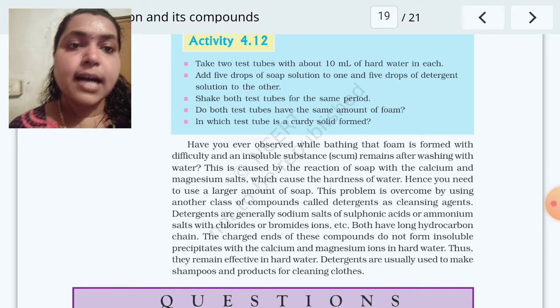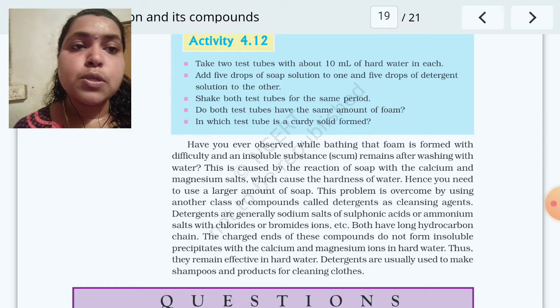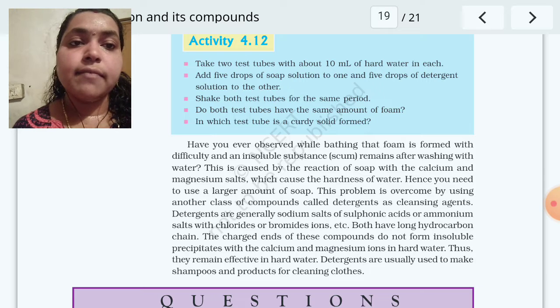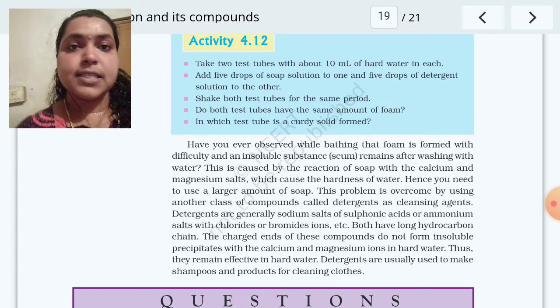Detergents are generally sodium salts of sulfonic acid or ammonium salts with chloride or bromide ions. It is similar to soap, but some differences are there.